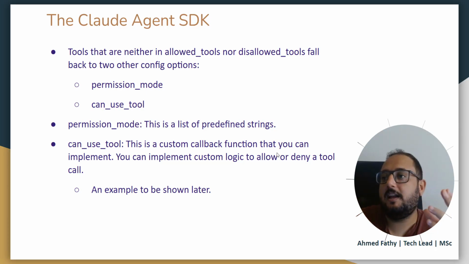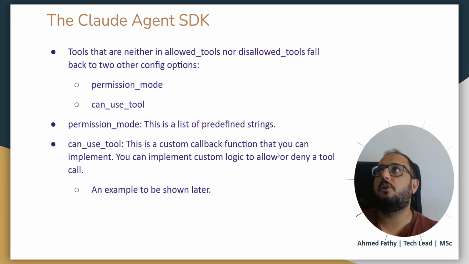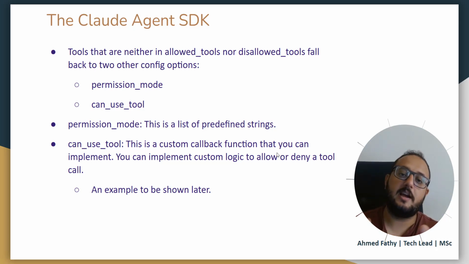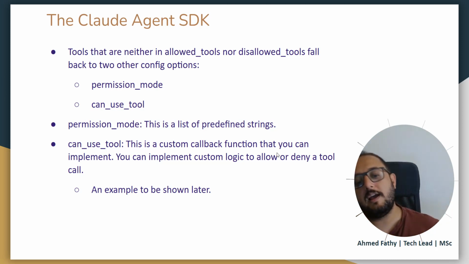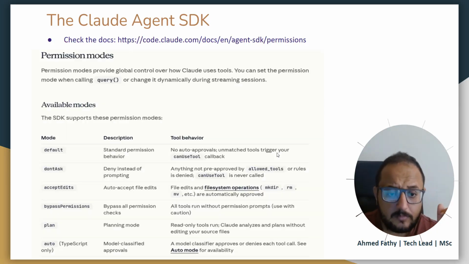So you need to really have more complex logic. Or maybe you don't want to allow editing files except if those files are documentation files, with the extension .md, for example, or .txt, but you don't want to allow modifying Python files. So really, you have full control here.